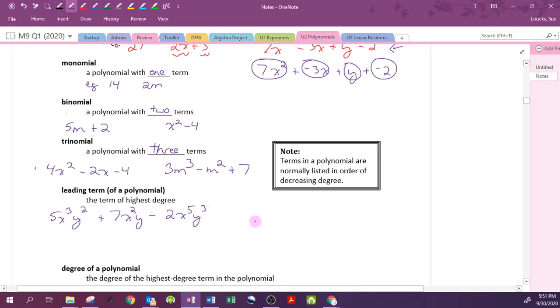Okay, so this first term, there's a 3 and a 2, so the degree of this is 5. 7x squared y, there's a 1 here, so the degree of this term is 3. And this one has a degree of 8. That makes this the leading term.